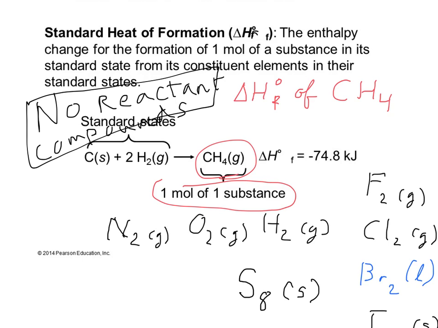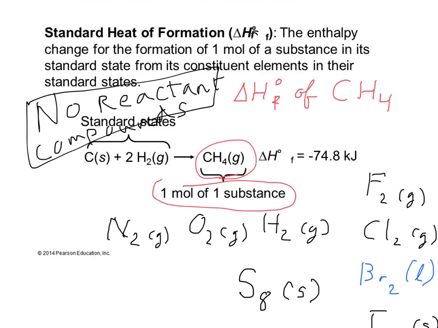Only elements as reactants. Not only that, but these elements, carbon and hydrogen, have to be in their standard state. So hydrogen has to be a diatomic gas. So it has to be diatomic and a gas.